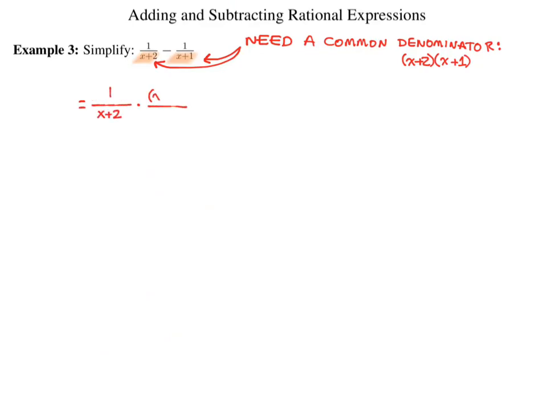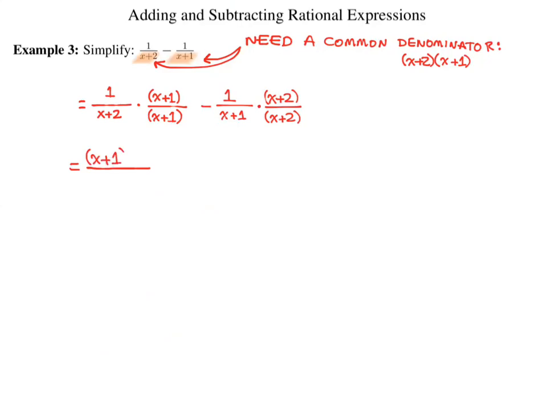So we're going to take the first term and multiply it top and bottom by x plus 1. And the second expression, or the second term, the second fraction, whatever, and multiply it top and bottom by x plus 2. I think you likely see why I'm going after this.